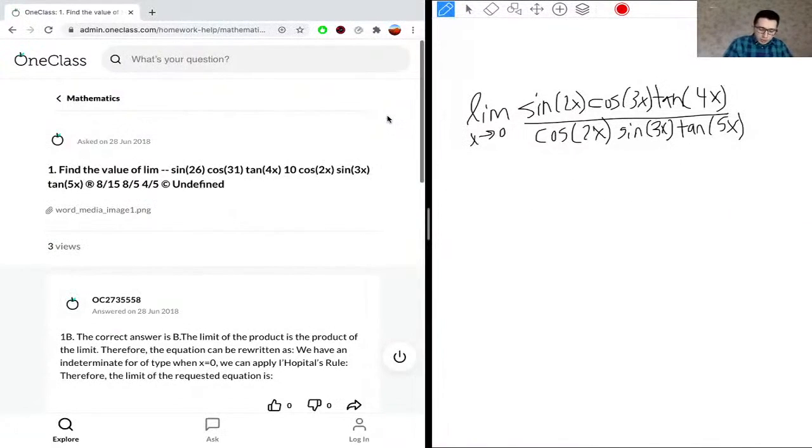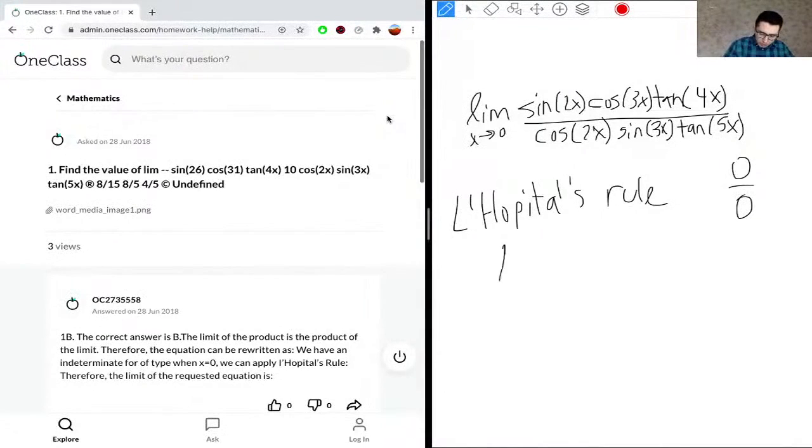So here we would use L'Hopital's rule. So let me just give a quick definition of what L'Hopital's rule is. Usually when you see a situation where you have 0 over 0, you would use the following property of a limit.